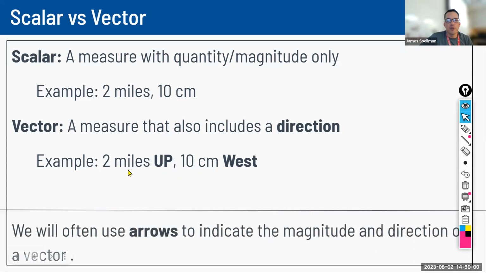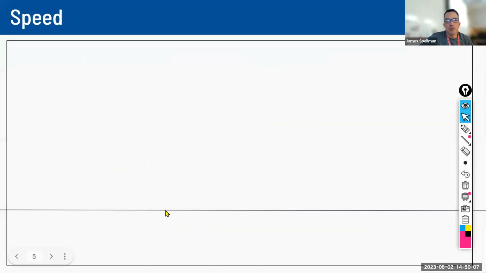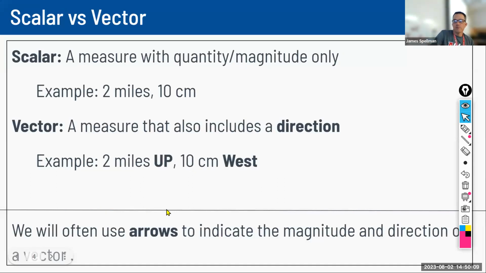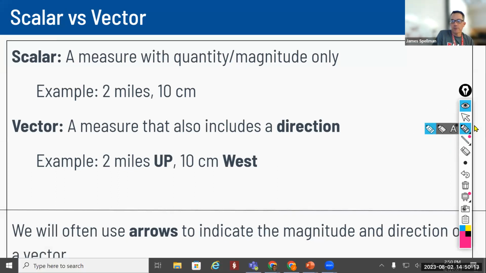Throughout physics, one of the things we tend to do to illustrate vectors is we use arrows to indicate a magnitude. And so a lot of times what we can do is we can use the size of an arrow to indicate the magnitude of something. And we can use, obviously, the direction to tell which way it's going to be going. For some reason, I'm not able to draw.